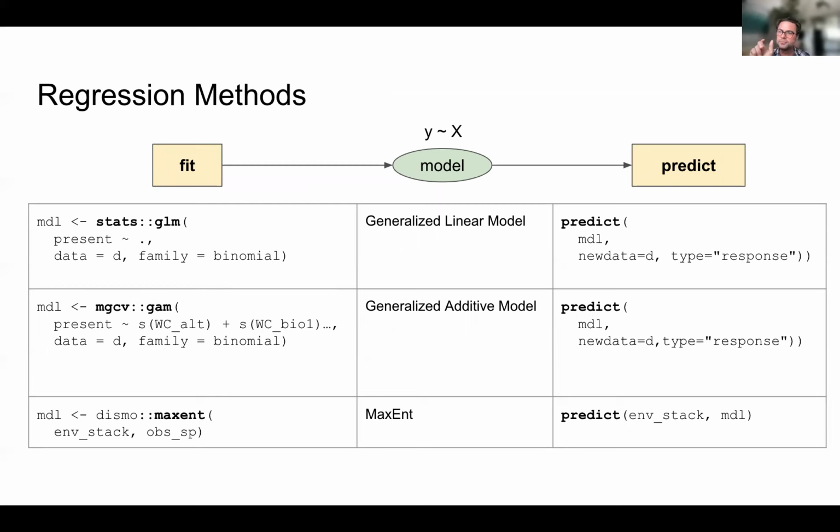So allow this term to wiggle. If I didn't wrap this predictor X of altitude from the WorldClim, then it would just fit it as a linear model. It wouldn't give it a wiggle.